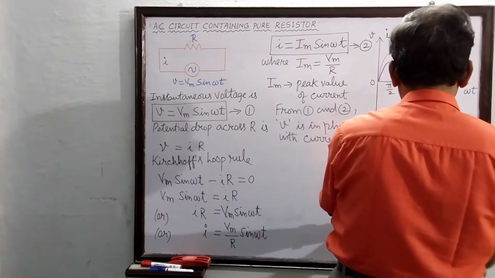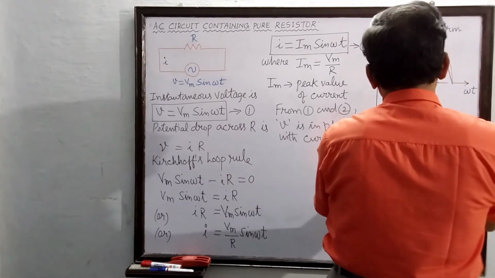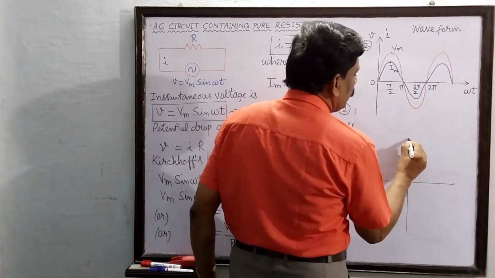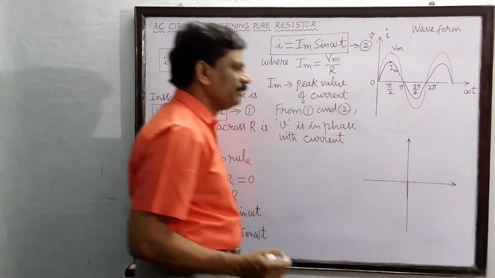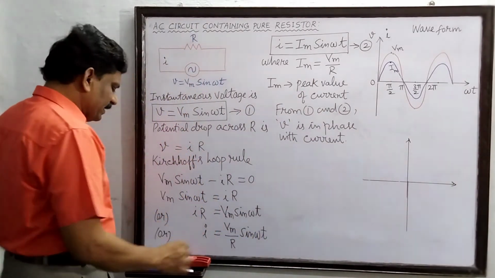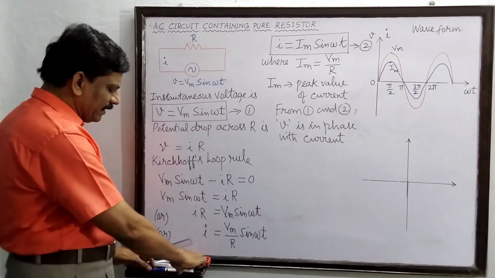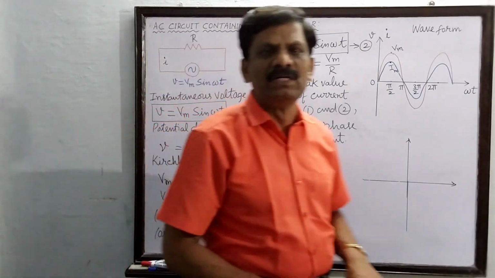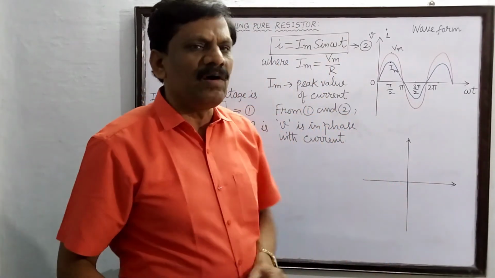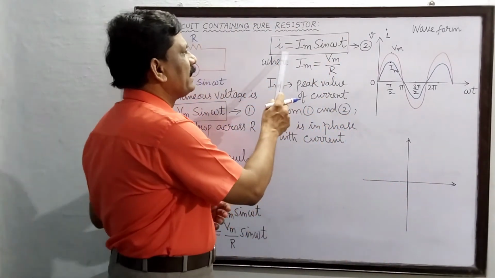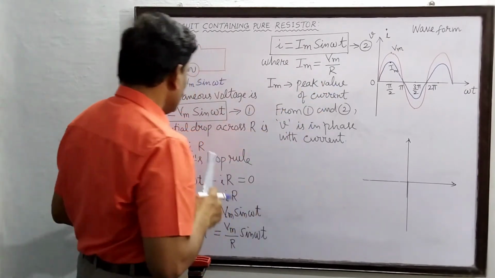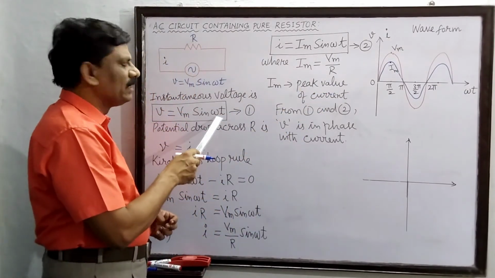Now you will see that in the phasor diagram, the voltage phasor and the current phasor both are in the same direction. And the phase angle of voltage and current, you can see the phase angle of the current is omega t, and the phase angle of voltage also is what?